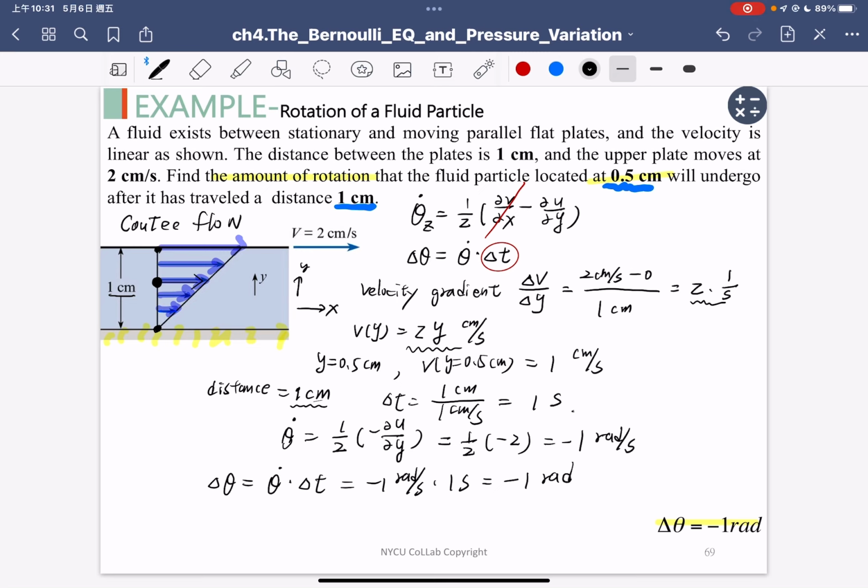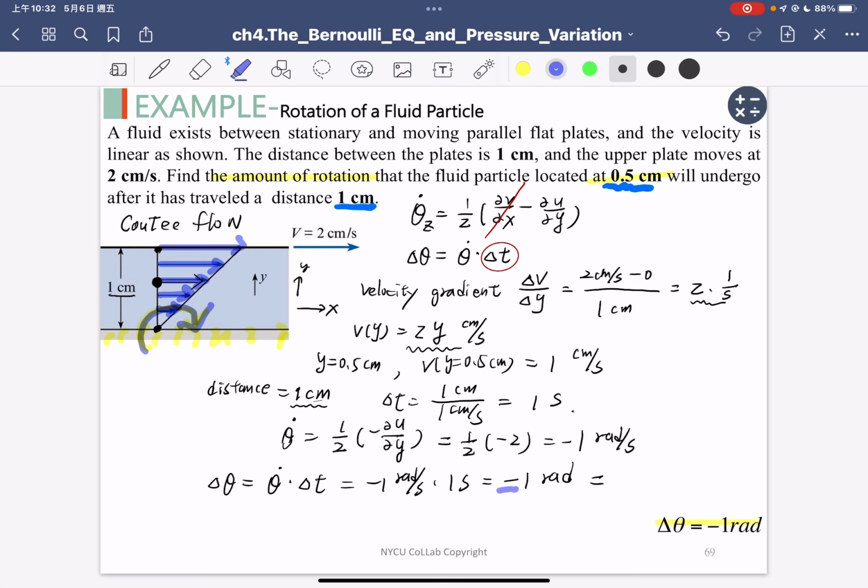And the minus 1 radian indicates, if you use your right hand, that it is a minus. So it is a clockwise rotation, because the sign here is minus.